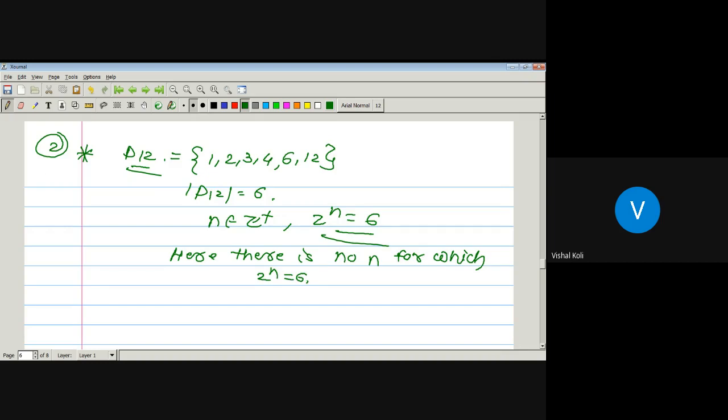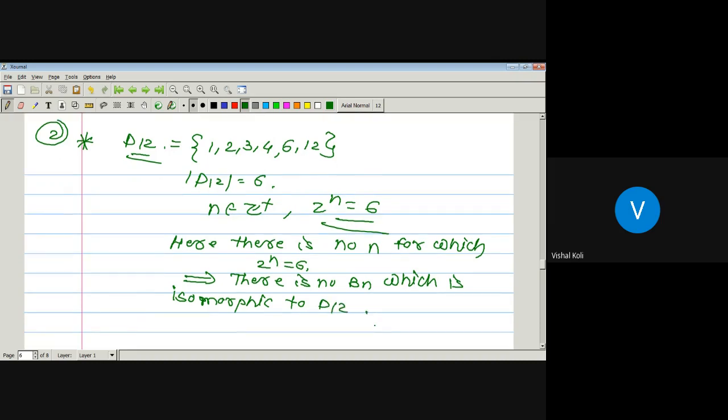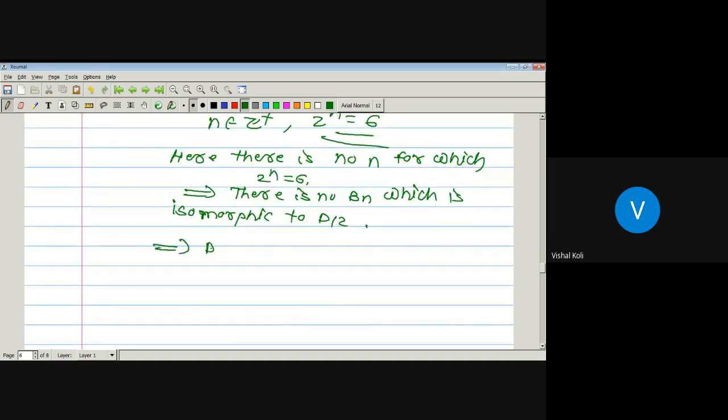As there is no n for which 2 raised to n equals 6, there is no Bn which is isomorphic to D12, which implies D12 is not a finite Boolean algebra.